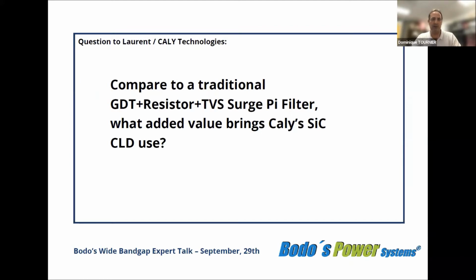You are generally putting in parallel with the line a TVS that is clamping the voltage when you have an over voltage in an electrical equipment. Implementing the CLD will permit to reduce the energy dissipation in a TVS. That means that you will have a more compact system, faster, a simplified design.